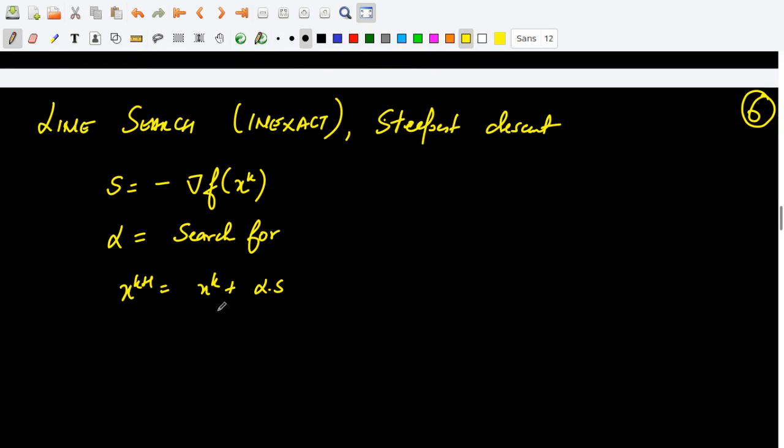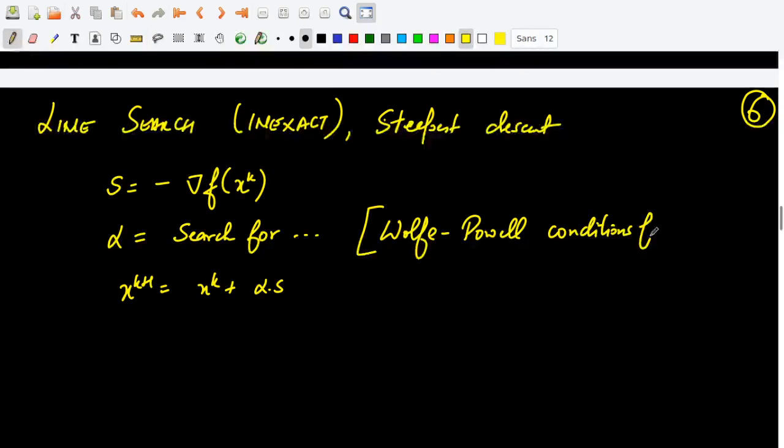And last time we looked at some of the conditions which enable a reasonable alpha to be picked. So we looked at the Wolfe-Powell conditions for an allowable alpha.